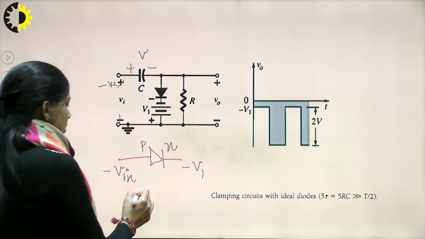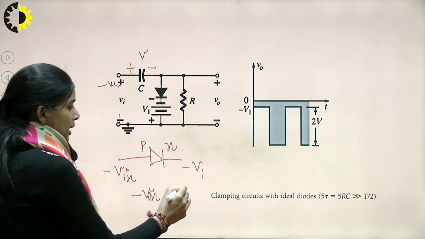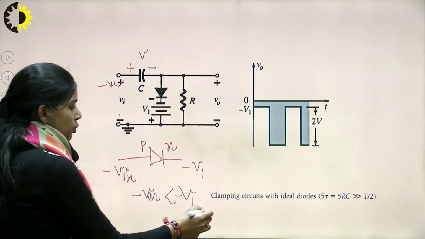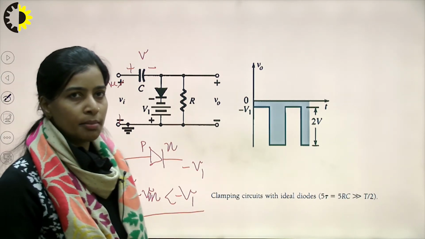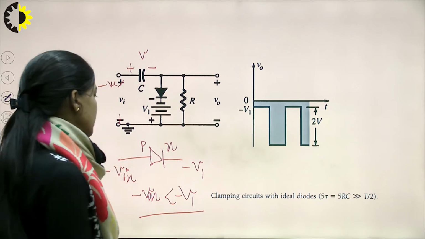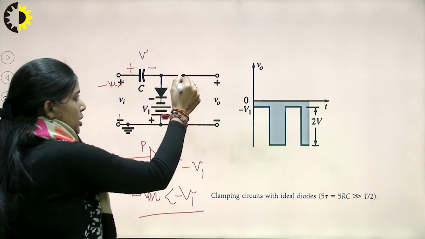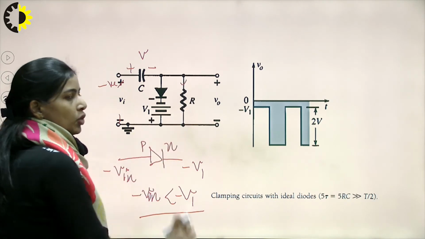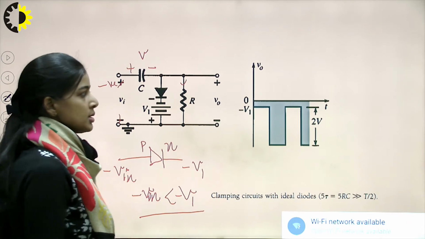So, when this minus V in is less negative than minus V1, then the diode will be forward biased, and when it is forward biased, we will not get any current across this and we will get the voltage V1 across these two points.